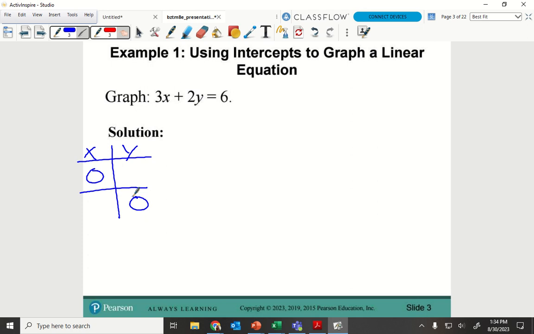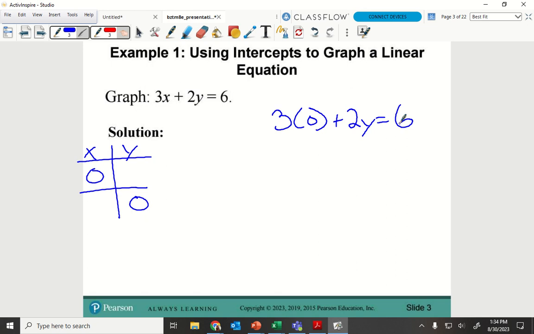Now I'm going to plug in. So let's go ahead and plug in 0 for my x. That means 3 parentheses 0 plus 2y equals 6. 0 is the magic number. I like 0. Anything times 0 is 0, so that whole thing goes away.